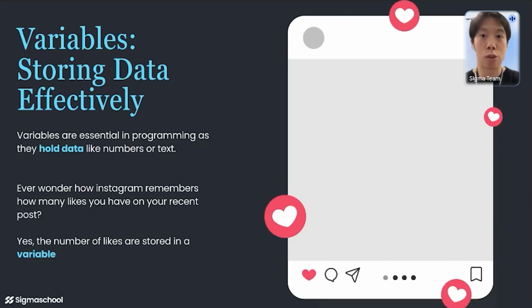Instagram uses variables to store this information. So this is how you know the exact numbers, the updated likes, how you see the same exact comment even after refreshing the page, right? The numbers and likes and the comments and everything, these are actually stored in what we call variables.